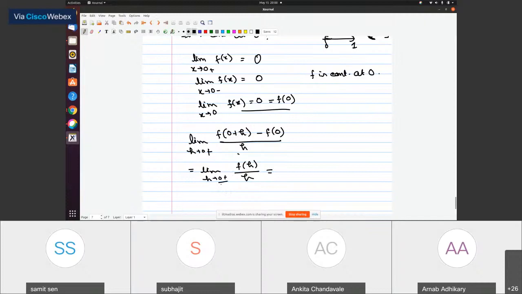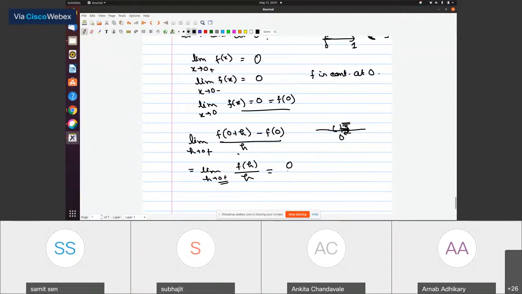H is on the positive side of 0, in the right neighborhood. So it is nothing but 0, right?